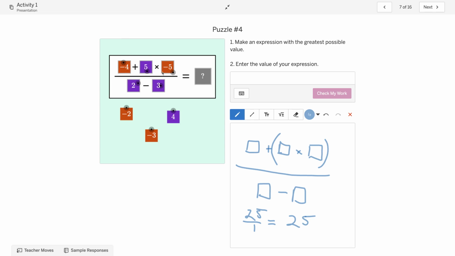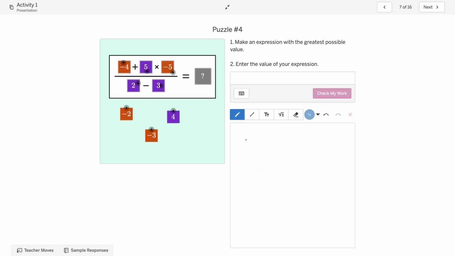If I do this, I now have negative 25 plus negative 4, which would give me negative 29. So rather than have the 25, I would have negative 29 divided by negative 1, which would give me positive 29. I think that's probably one of the larger answers I could get.